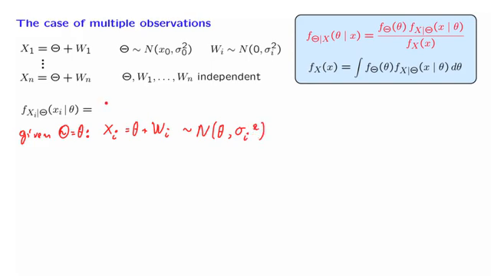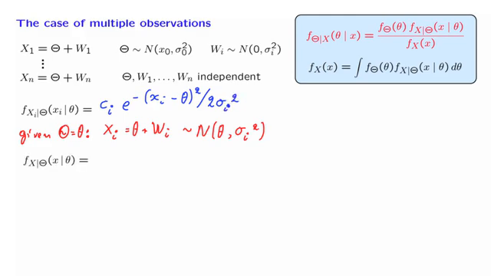And so we can now write down the conditional PDF of xi. There's going to be a normalizing constant, and then the usual exponential term, which is going to be xi minus the mean of the distribution, which is theta, and then we divide by the usual variance term.